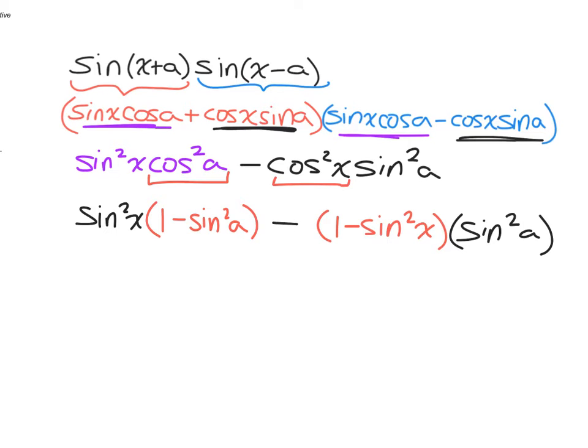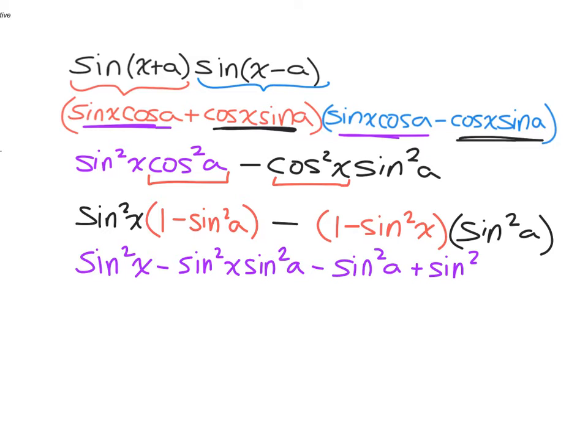Okay, so distribute in both cases, and something sort of magical will happen. Sine squared x minus sine squared x sine squared a, minus sine squared a plus sine squared x sine squared a.